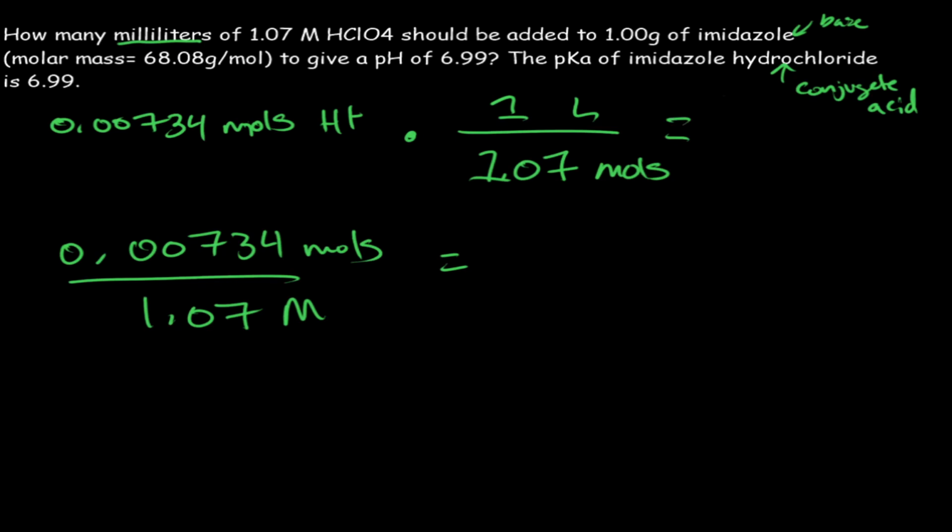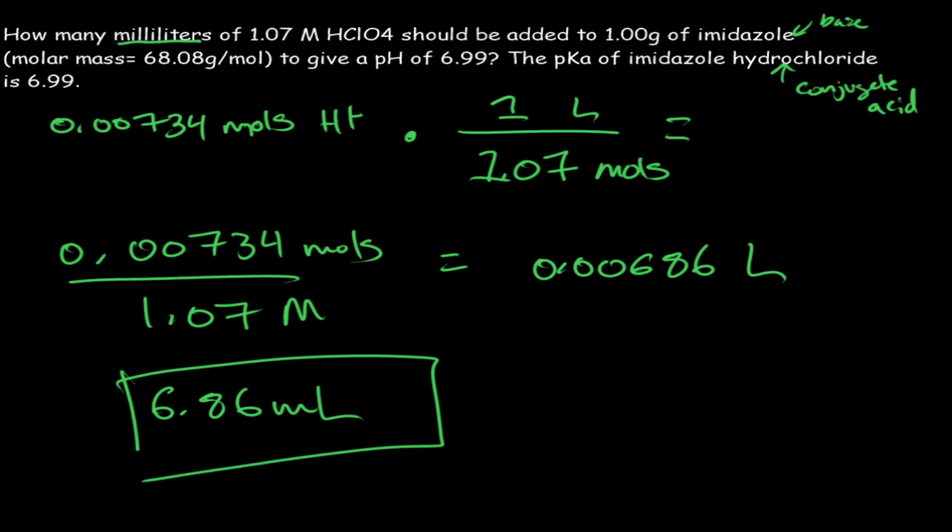And we would get a final value of 0.00686 liters. So that's the same thing as 6.86 milliliters. So the final volume of acid that should be added to our buffer solution to get a pH of 6.99 is 6.86 milliliters.